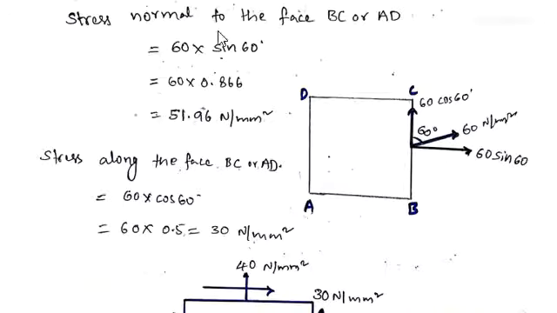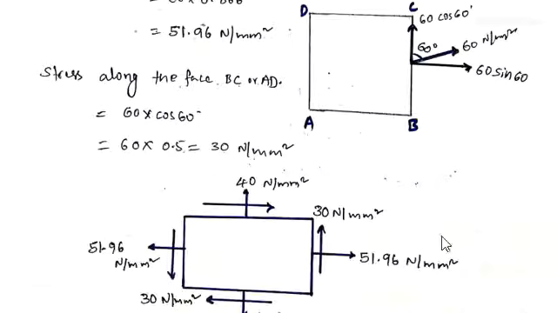So the stress normal to the face BC or AD is nothing but 60 sine 60. We know sine 60 is 0.866, and if you simplify this, we get this value as 51.96 Newton per mm square. So this is the stress which is perpendicular when you resolve this.